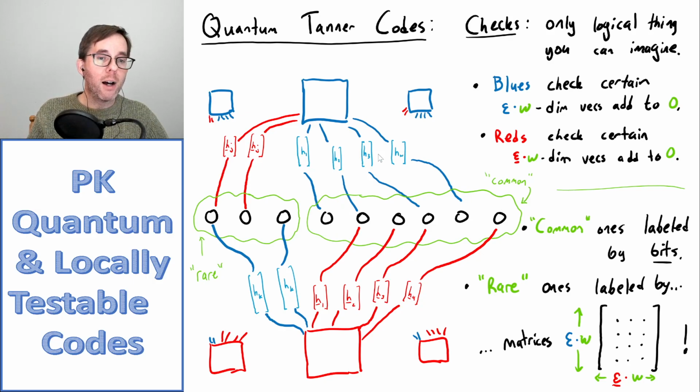Okay, so that gives you some of these height epsilon W vectors to add up. And you also need to add up some more epsilon W height vectors from these two edges. And how's that going to happen? Well, there's only one thing that you could imagine, right? So these guys here are labeled by matrices of bits that are epsilon W high and red epsilon W wide. And you have a red epsilon W high vector here and here.